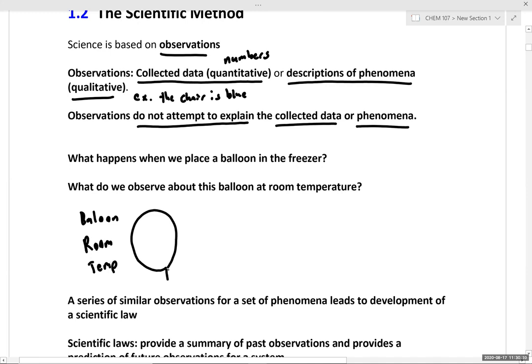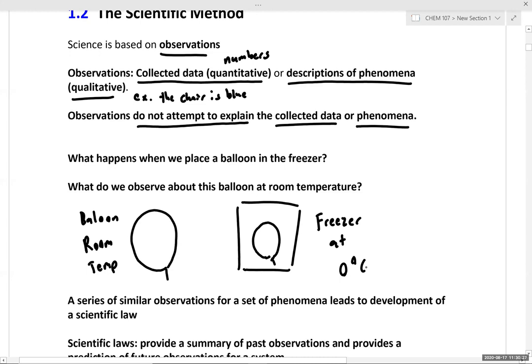And if you've ever decided to, as a kid, place a balloon inside a freezer, let's take some observations. We have some pictures of a balloon at room temperature and a balloon in a freezer at 0 degrees Celsius. So let's try to answer some questions.